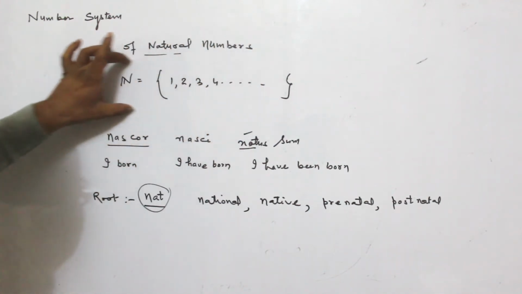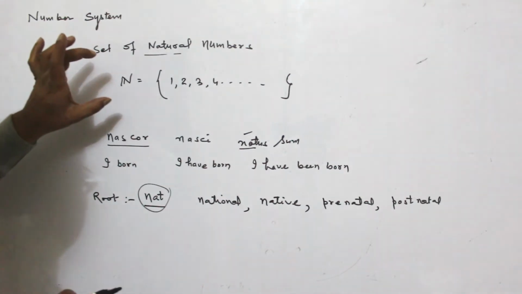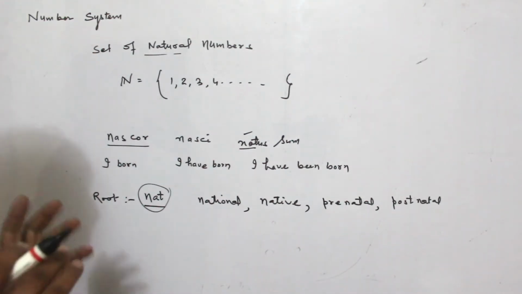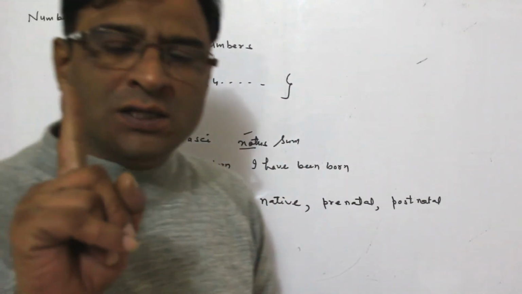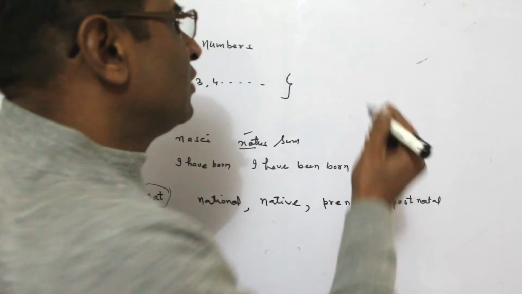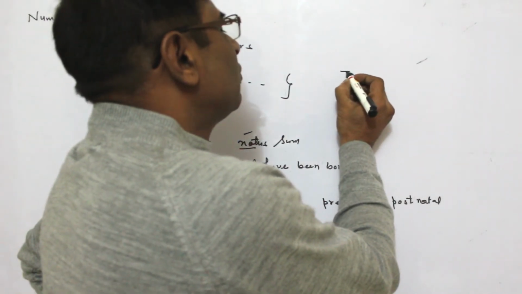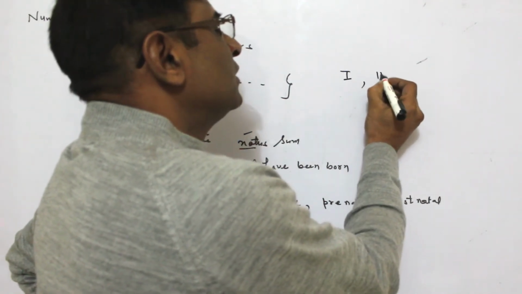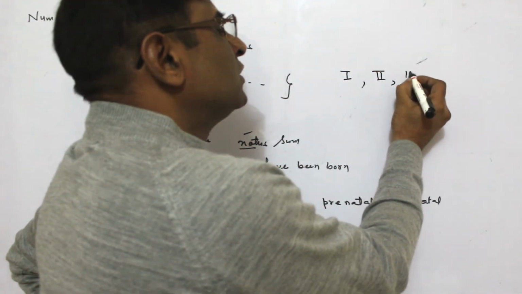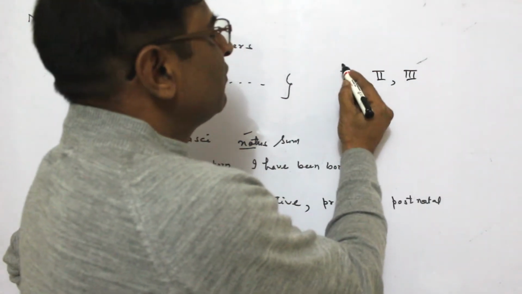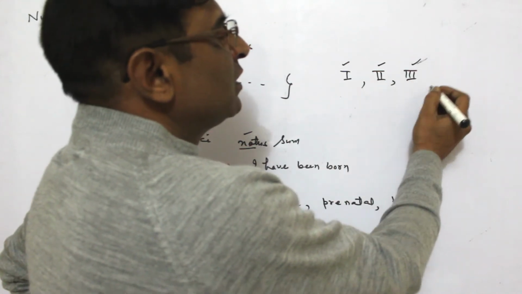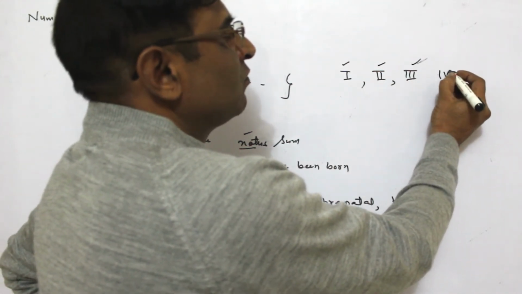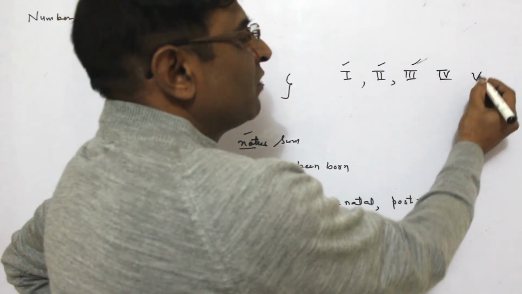Why do we call them the born numbers? Because in Roman times, numbers were denoted by fingers. This notation is for 1, this is for 2, this is for 3. This means 1 finger, 2 fingers, 3 fingers. This is 4 and this is 5.